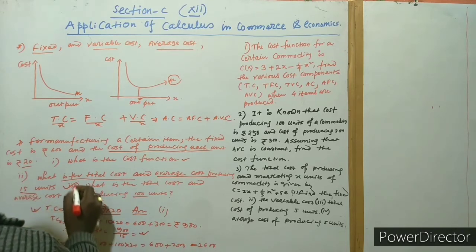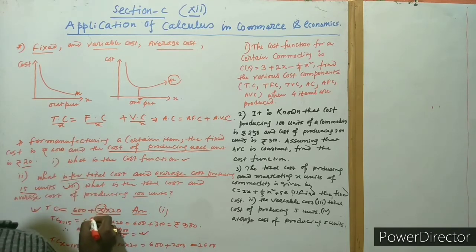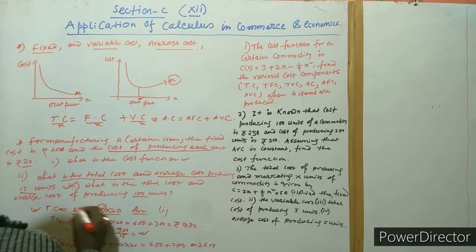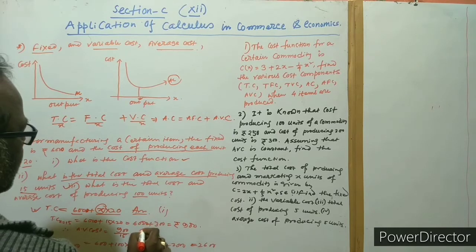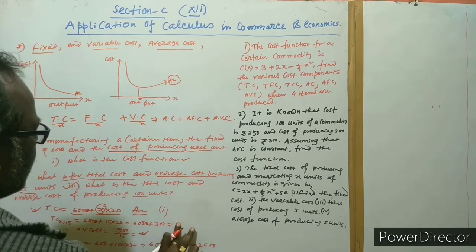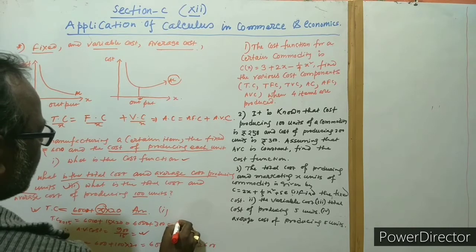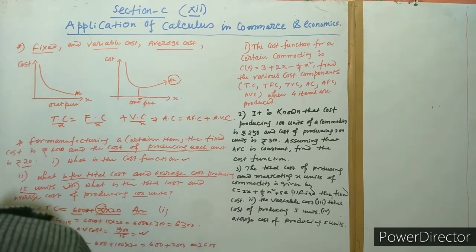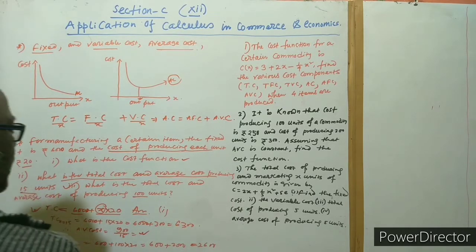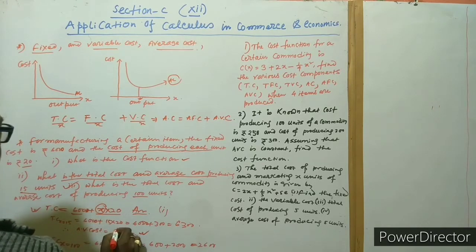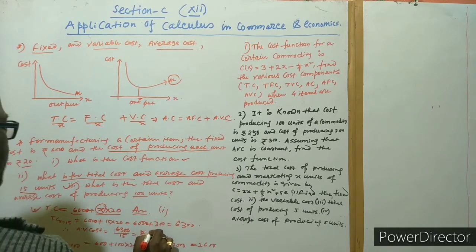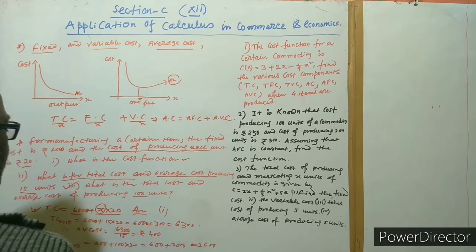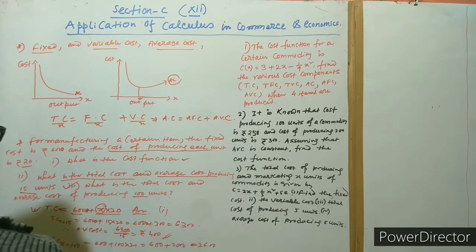Okay, there is a mistake here, it is actually 6000. If we divide it by 6300, we get rupees 400, this is the average cost.